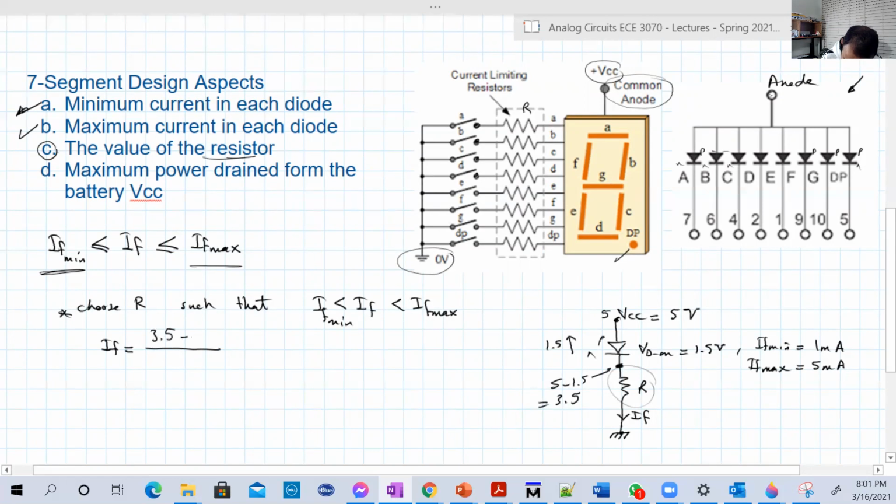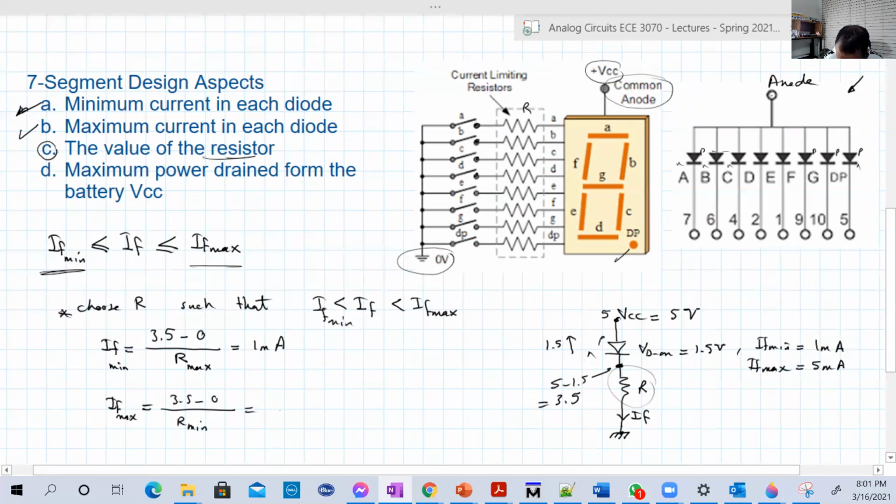So I equals 3.5 minus 0 over R. Let's call this IF. For IF minimum, that means R will be maximum, so this will be 1 milliampere. And for IF maximum, that means R minimum.